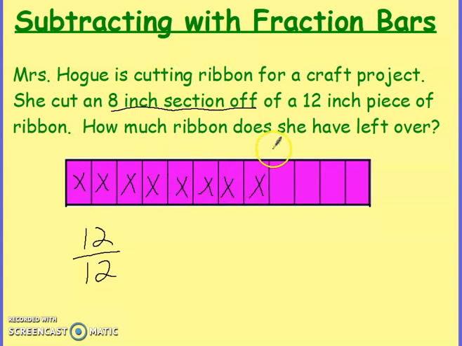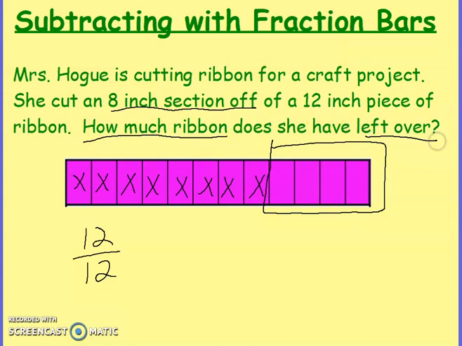So that's the section she cut off, and so this is what is left. They wanted to know how much ribbon is left over. So what fraction is this? I see 4 pieces out of 12 altogether. So we have 4 twelfths left over.